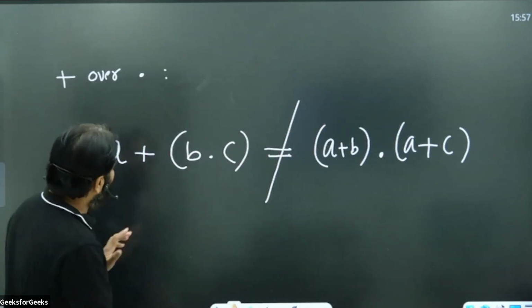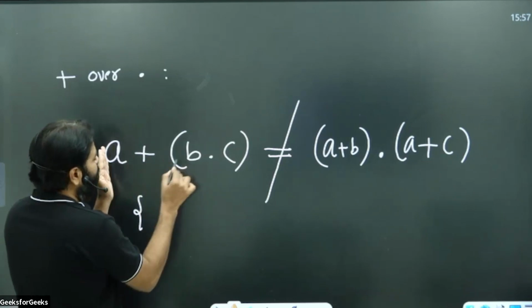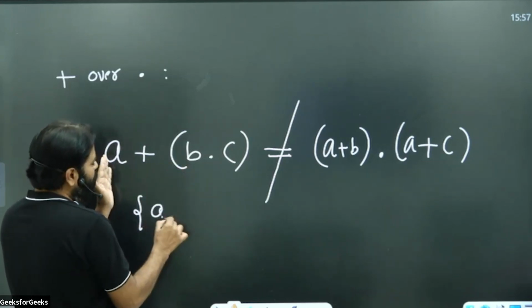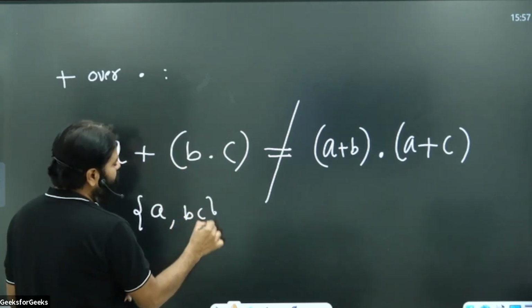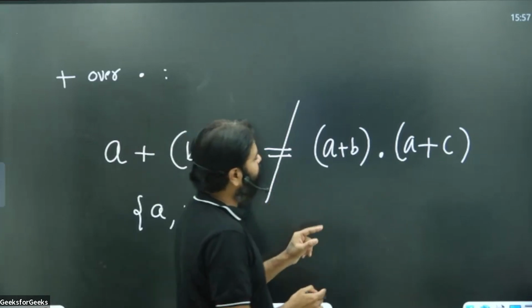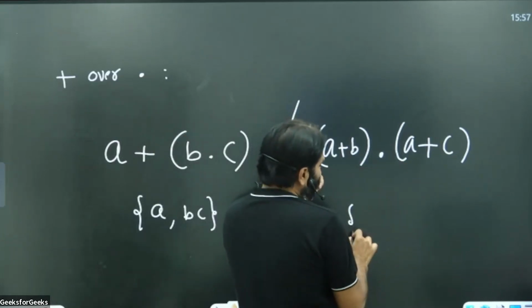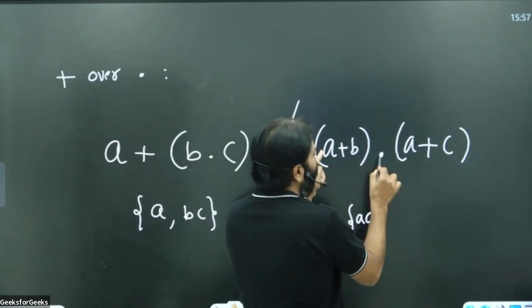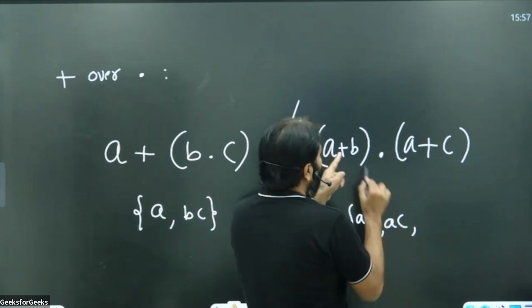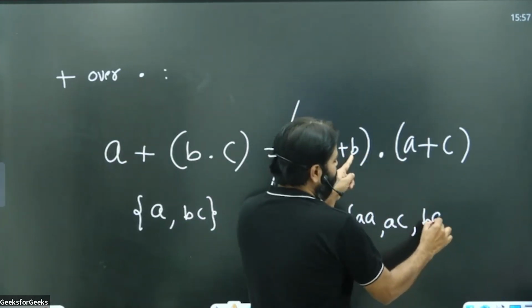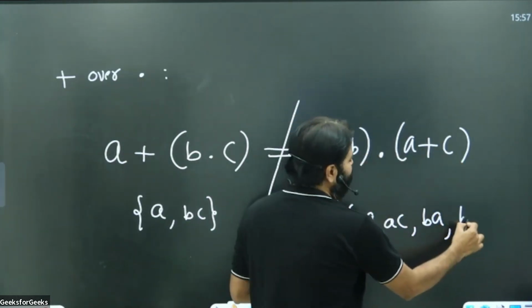And if you look here, the strings you will have for A plus B dot C are A comma BC. There are only two strings possible here. But when you look here, A dot A, AA comes, A dot C, AC comes, B dot A, BA is generated, and B dot C, BC is generated.